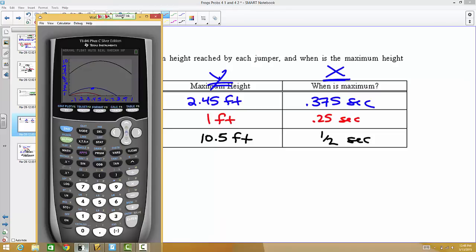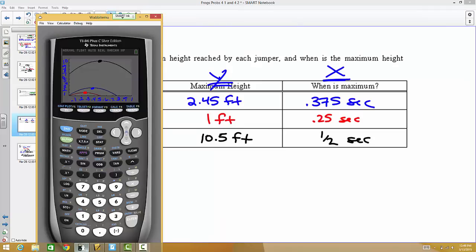That's the vertex. This next one is over 0.25, up 1. Right there. And the third one is over 0.5, up 10.5, right there. So that's where the vertex is.